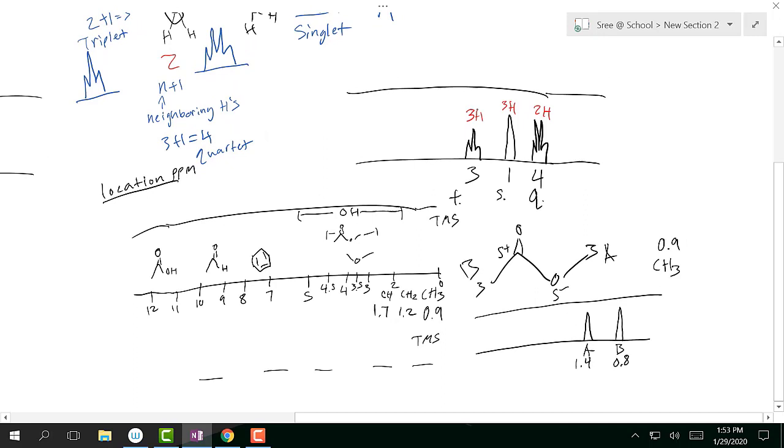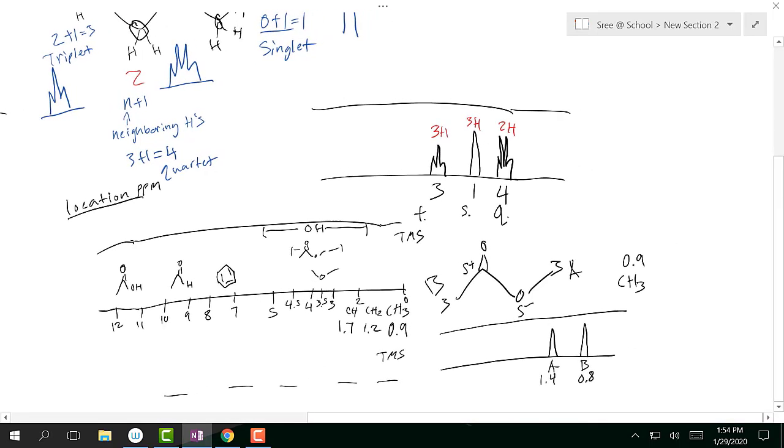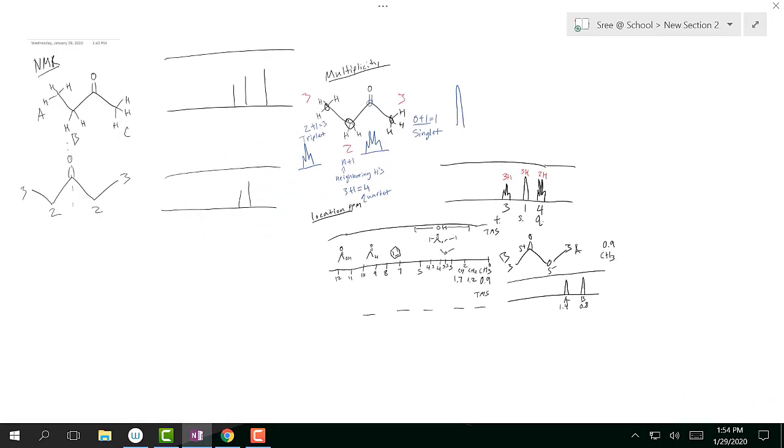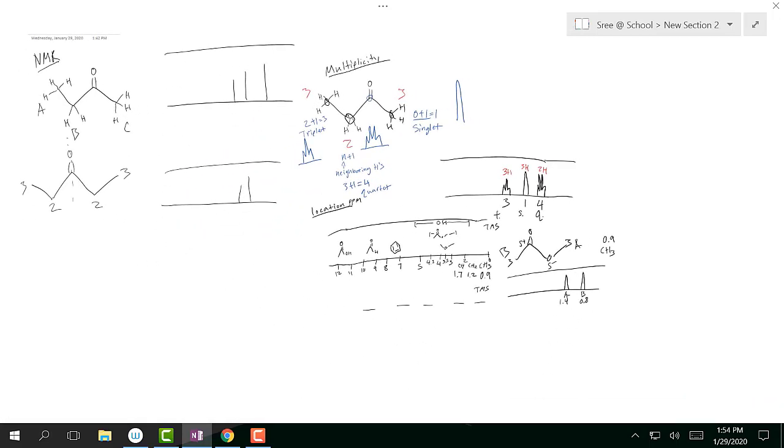Okay. So the first thing you should do for NMR is find out the degrees of unsaturation, because that will tell you how many double bonds and carbonyls, or if there's a benzene ring on it. So just to review, it's 2 times carbons plus 2, and then minus hydrogens, minus halogens, and then plus nitrogens, and then all divided by 2.